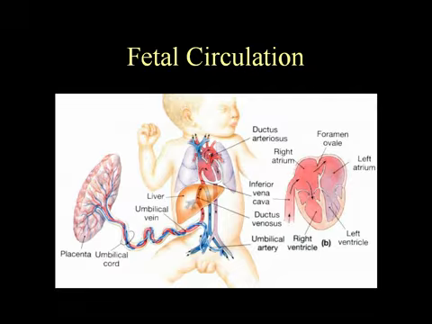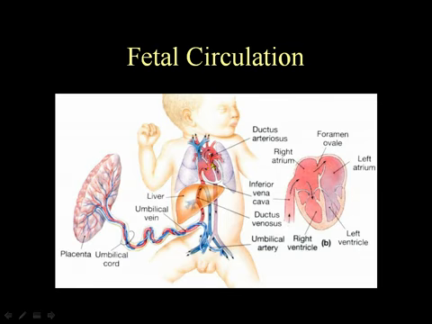This is a diagram showing the fetal circulation. The main blood supply for the fetus and the oxygenator is the placenta. The oxygenated blood goes through the umbilical vein, through the ductus venosus to the right side of the heart.